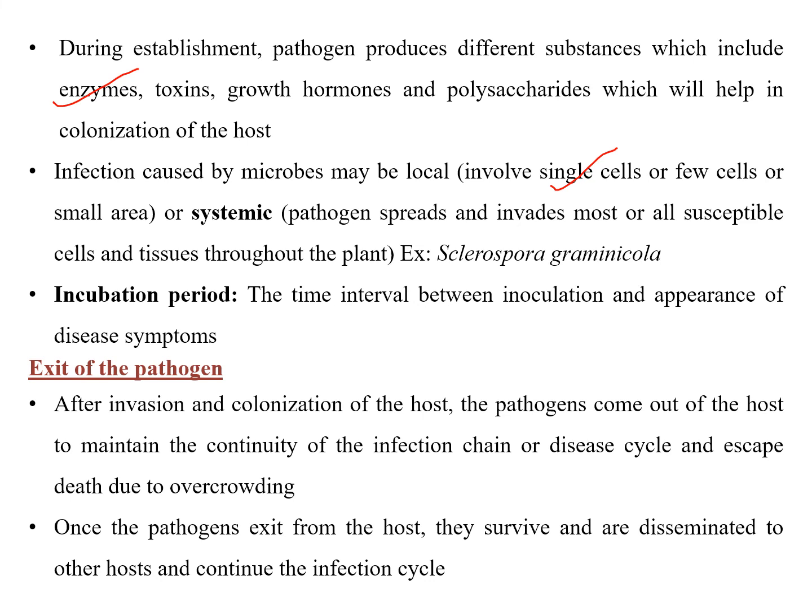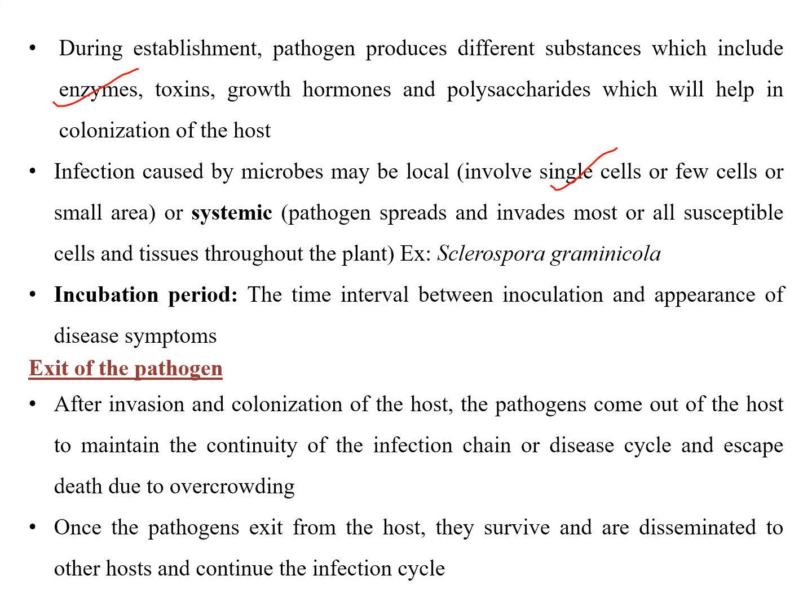So the pathogen comes out of the host because it has to maintain continuity of the infection chain and disease cycle, and it has to also escape death due to overcrowding. If overcrowding of the pathogen happens in the host plant, then nutrient depletion will automatically take place.